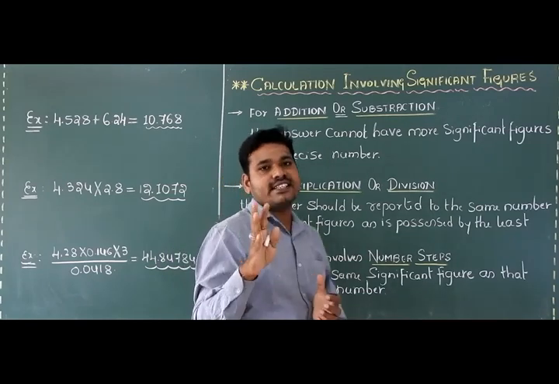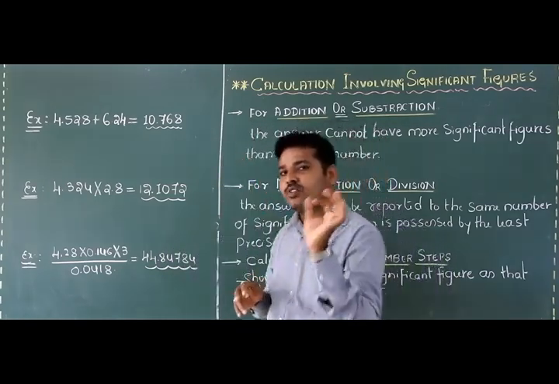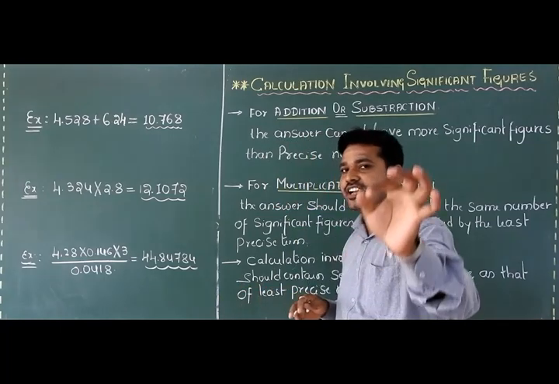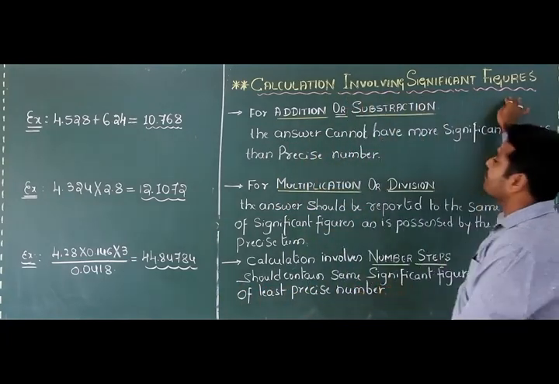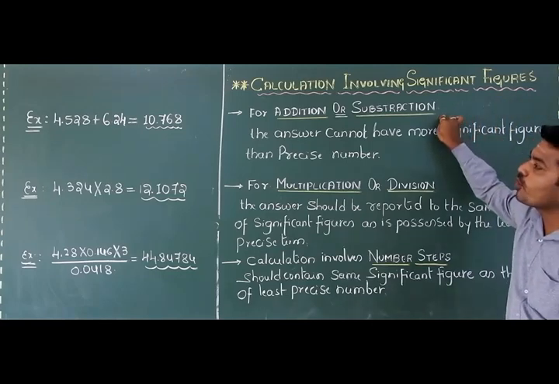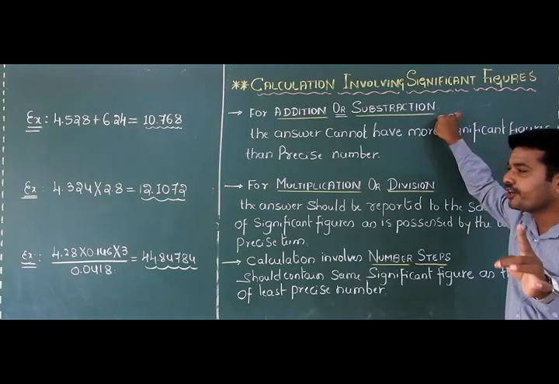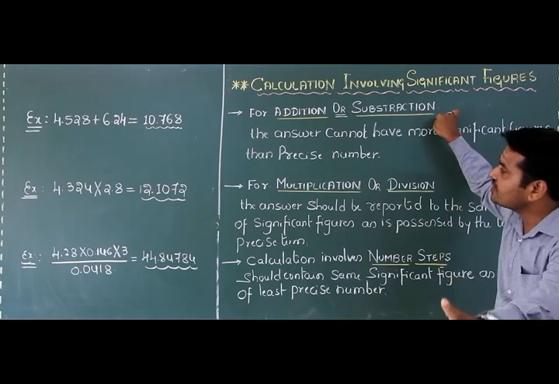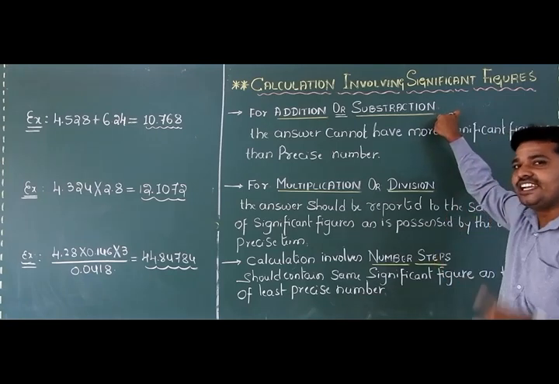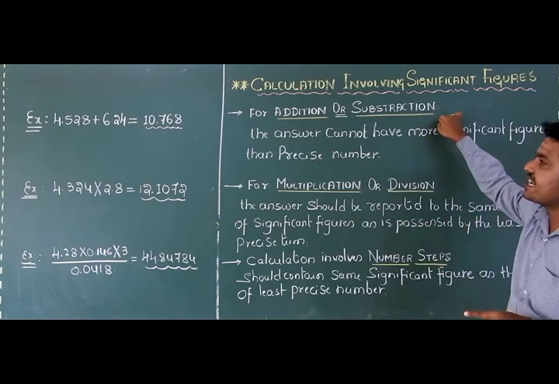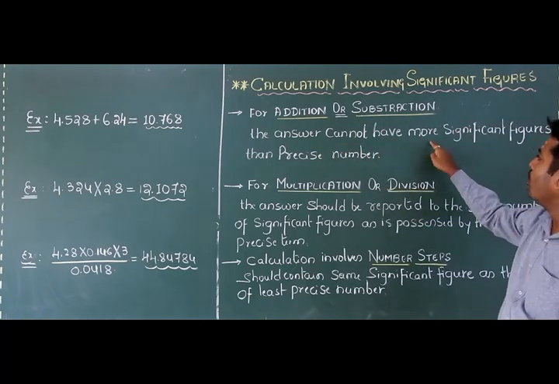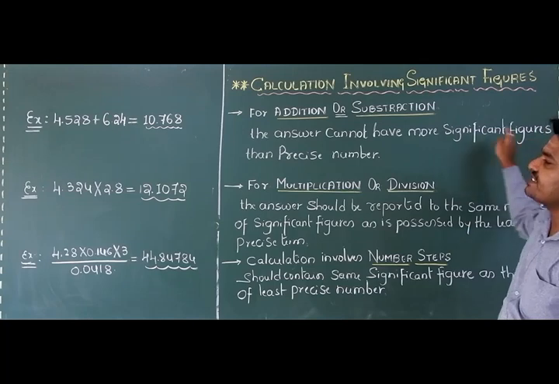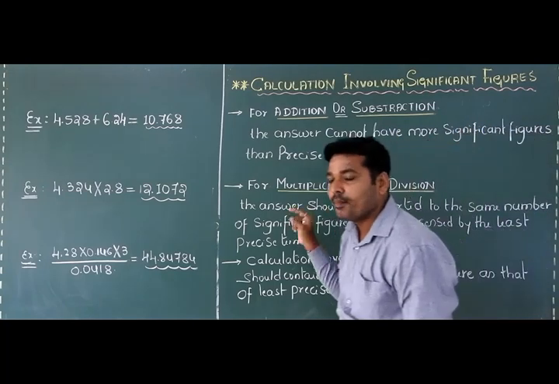Now in today's class we discuss calculations involving significant figures. In calculations involving significant figures, the first important point is for addition or subtraction. In addition or subtraction, the answer cannot have more significant figures than the most precise number.